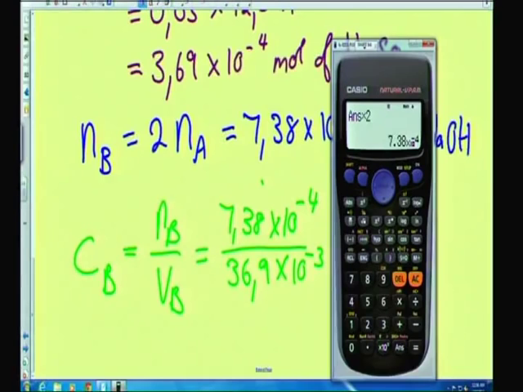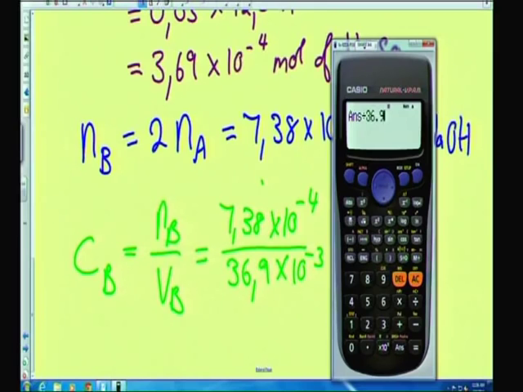So what does this give me on my calculator? Let's have a look. There's my 7,38 times 10 to the minus 4. I'm going to divide that whole answer by 36,9.